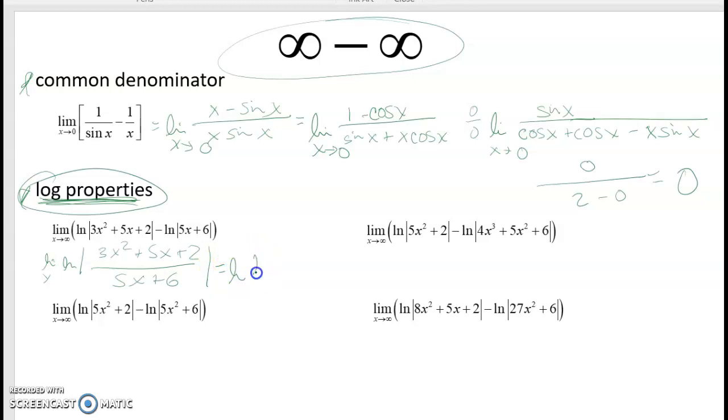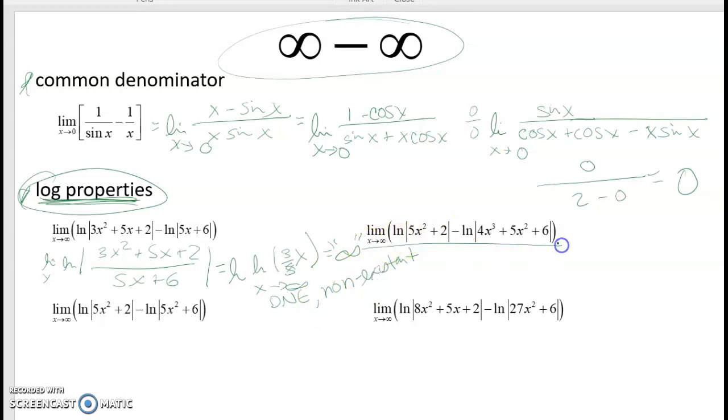So the limit of ln of 3/5 x, as x goes to infinity, this is going to go to infinity. Ln of infinity is infinity. And don't forget, that's not a valid answer on the AP test. Your answer is does not exist, or what they usually write on multiple choice is non-existent.